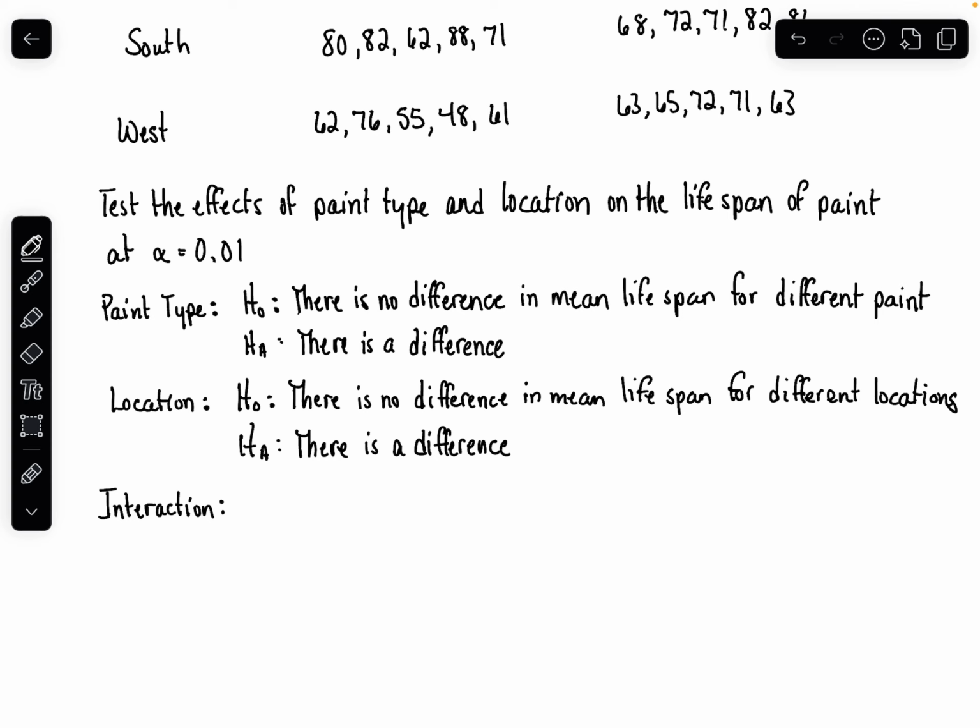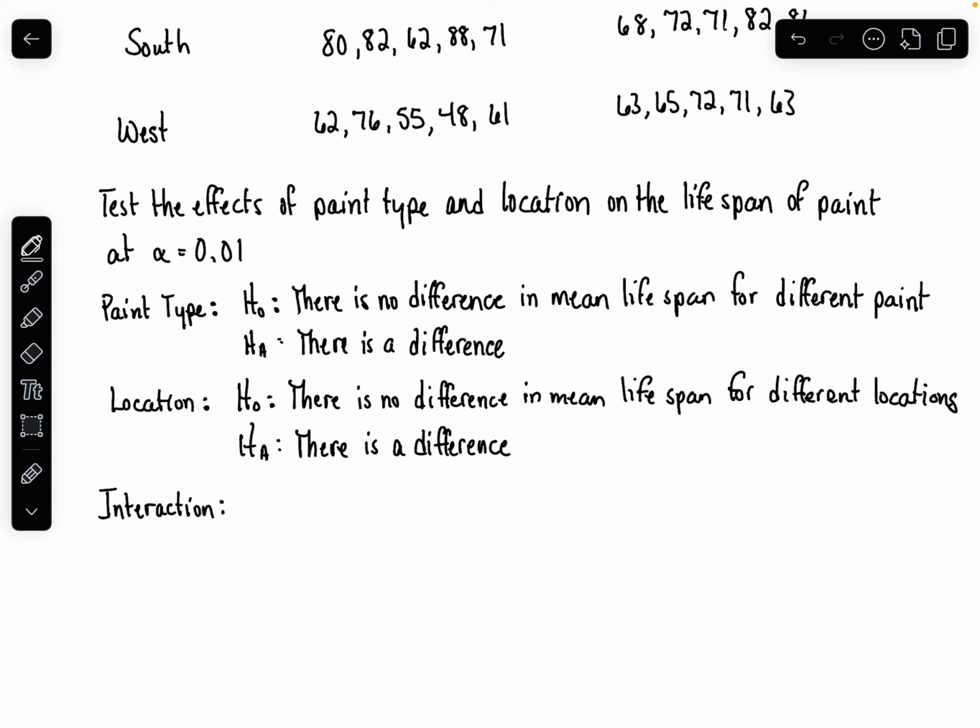Now we need to look at all 8 of these. There are 4 different locations for enamel, and 4 for latex, for a total of 8 groups. So now we would need to look at the 8 total groups as individual groups and find the measurements for them.